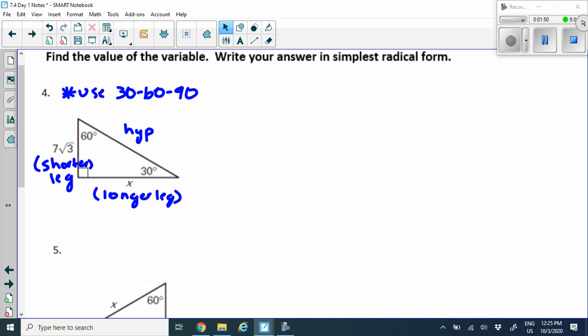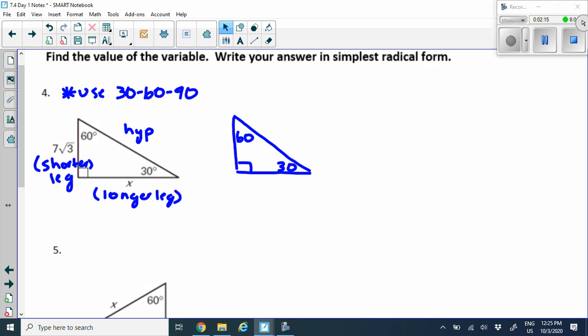So let's go ahead and set this up. I'm drawing the general triangle, okay? So here, I'm going to put 60 at the top. I would advise keeping the angles about the same to make it easier, okay?